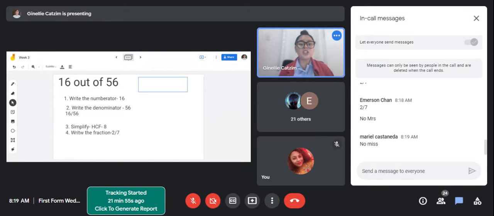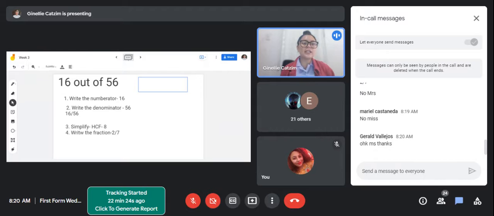For example, show that you write 16/56 and then you simplify and how you get your last answer. You do not need to write 1, write the numerator, 2, write the denominator. Just write your original fraction. In this case, it should be 16/56 and then simplify. Those are the 2 basic steps, okay?